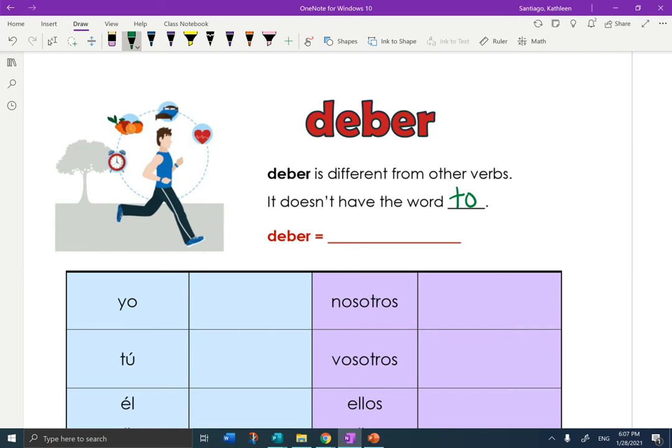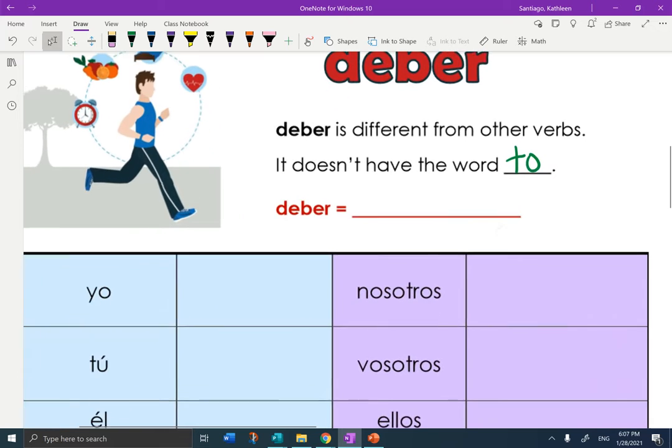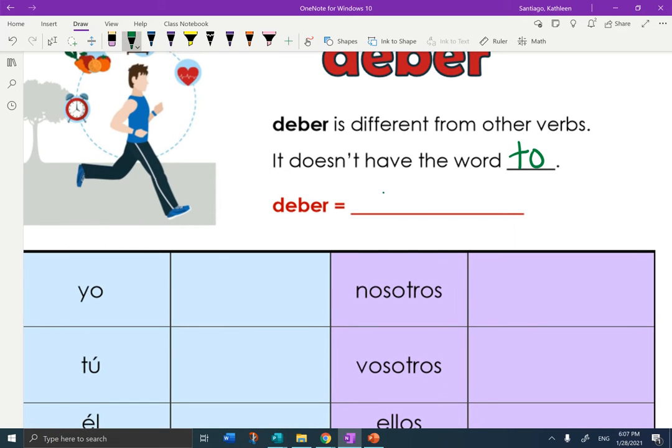So deber, let's think about what we learned in the video. Tú debes correr. Tú debes comer vegetales. Tú debes dormir 8 horas. What does deber mean? Well, deber means should. So there's no to in front of it. We're going to use it as should.